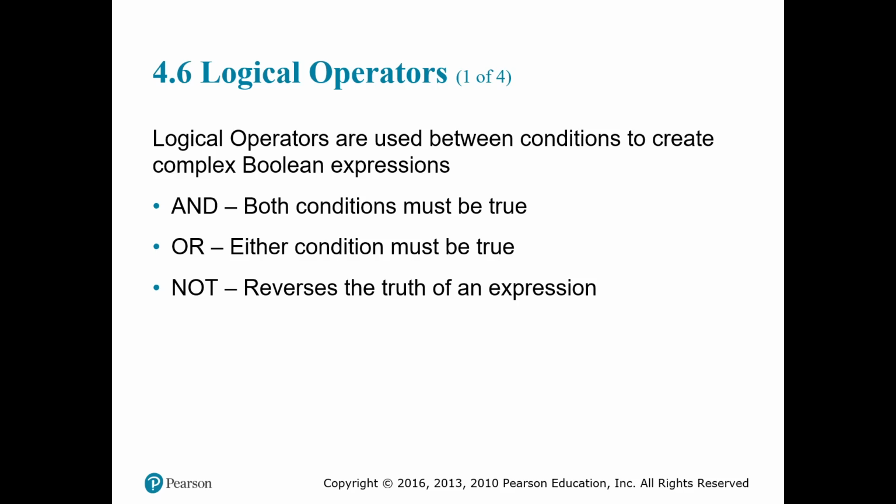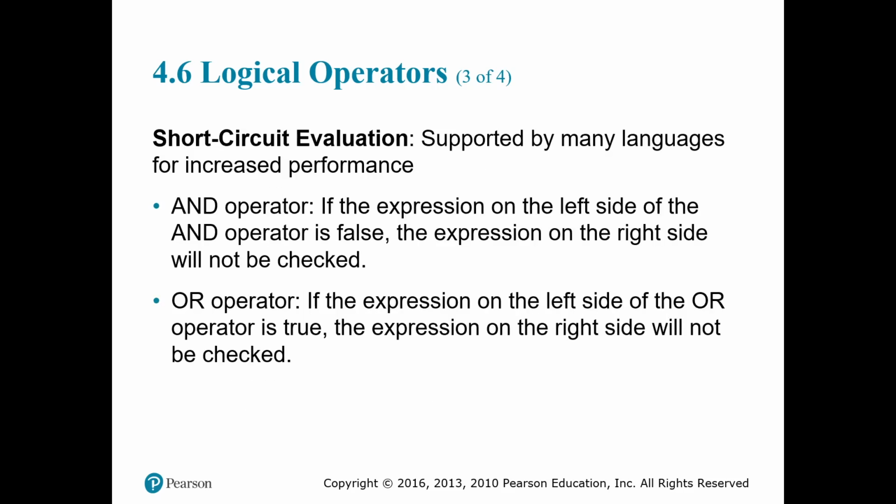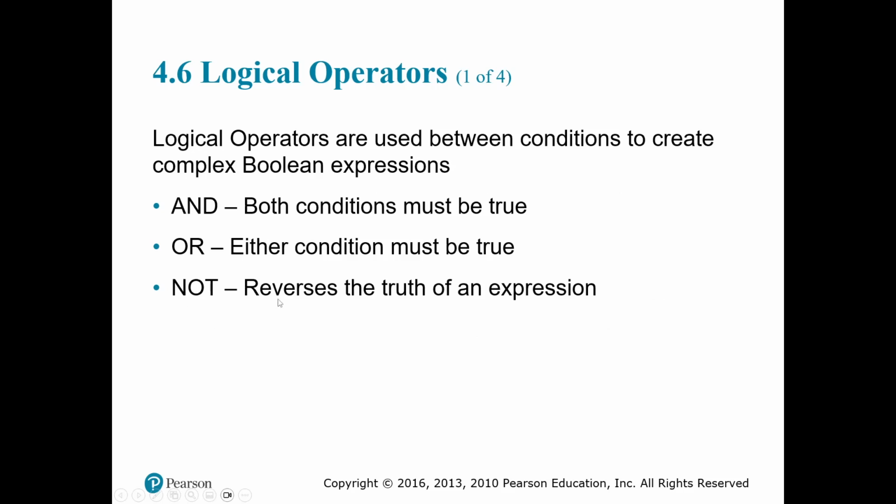The other one can be false. And then not is going to just reverse the whole result of your expression. So for example, if at the end of your expression you get true and you put not, you're going to have false. If you have a false at the end of your expression and you put not, you're going to have true.